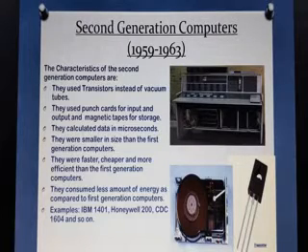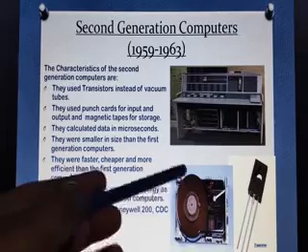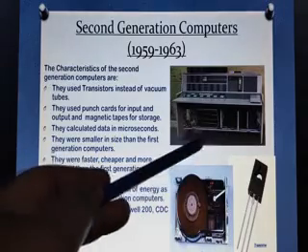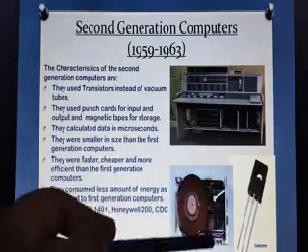They used punch cards for input and output, as you have already learned in the first generation of computers. But the difference is, unlike the first generation of computers which used magnetic drums for storage, the second generation computer is using magnetic tapes for storage. Here in the picture you can see a magnetic disc, a magnetic drive.